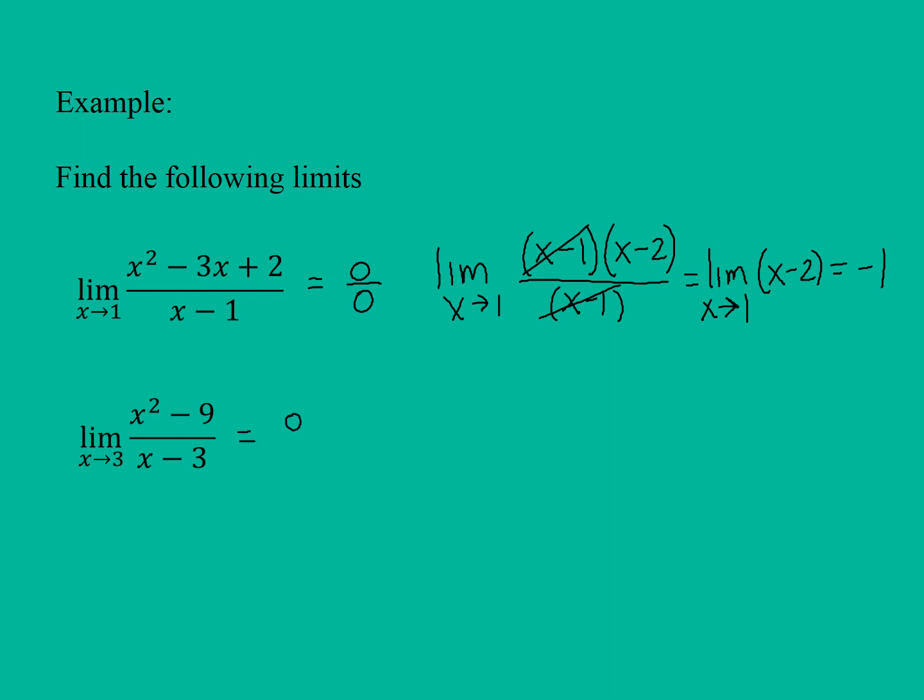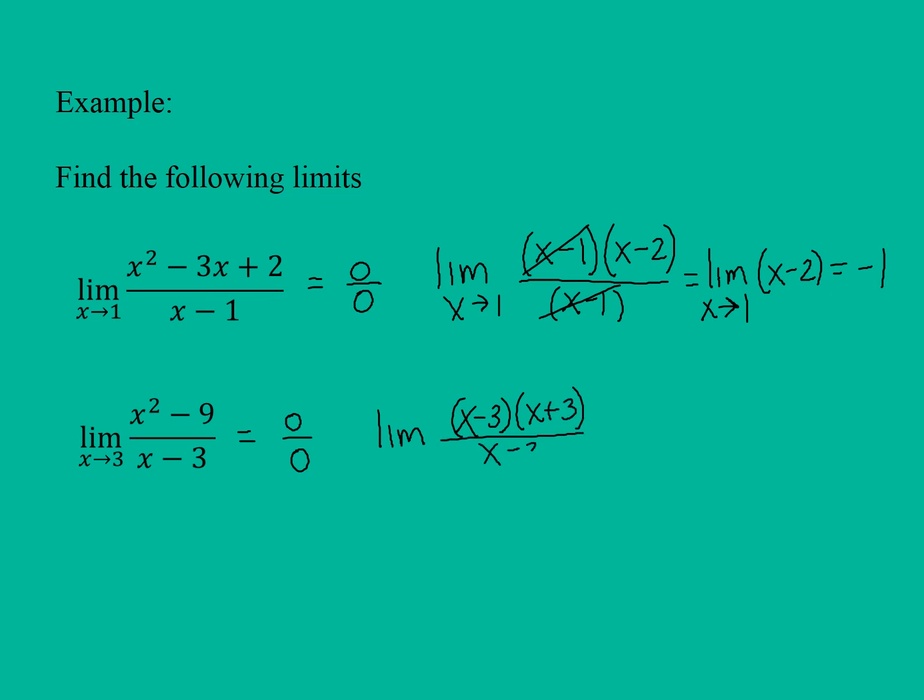Another example. Again, this one appears that when we use direct substitution, we get the indeterminate form. So that tells me I'm going to have to try to manipulate this expression somehow so I can use direct substitution. Again, it looks like I can factor.